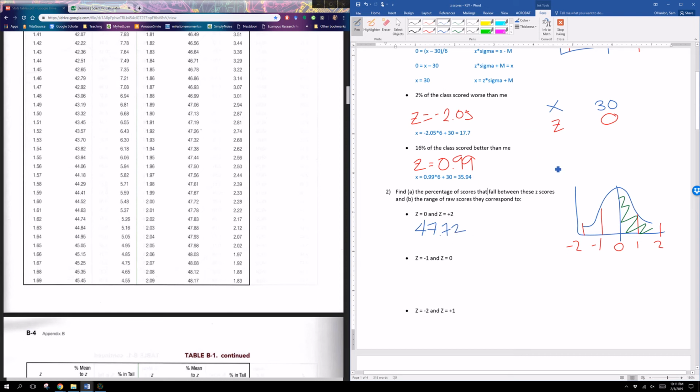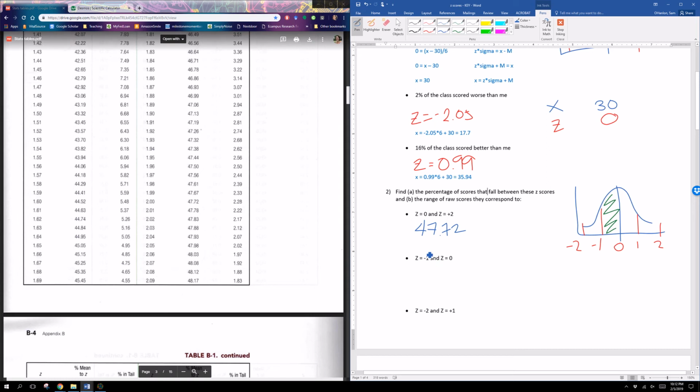Okay. So next we've got between minus 1 and 0. So that's this space right here. The z-table doesn't have any negative numbers, it only has positive numbers, but because it's symmetrical, this space right here is going to be the same as this space right here.